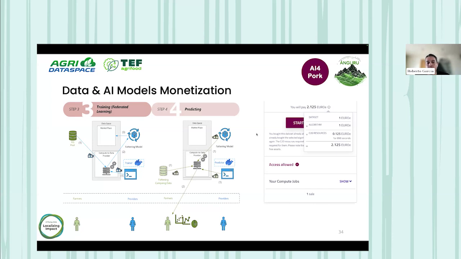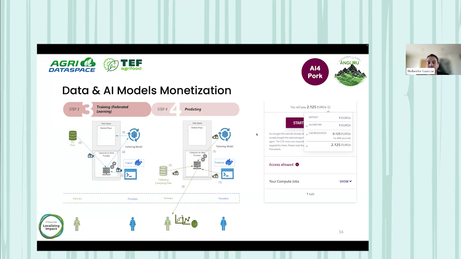So this has a much higher value for the technology providers, for instance, later to train their artificial intelligence models. This will be like a new revenue stream for, in this case, the farmers.